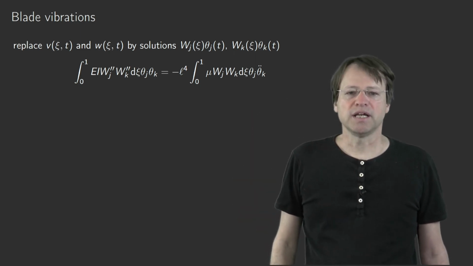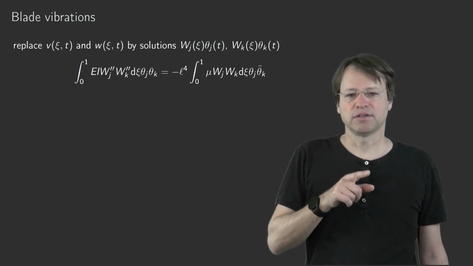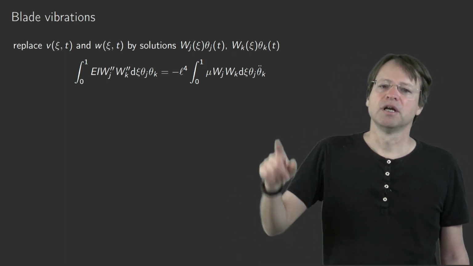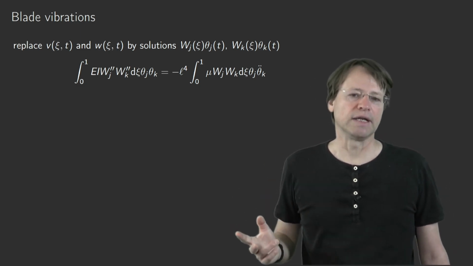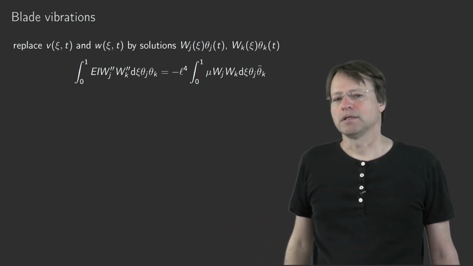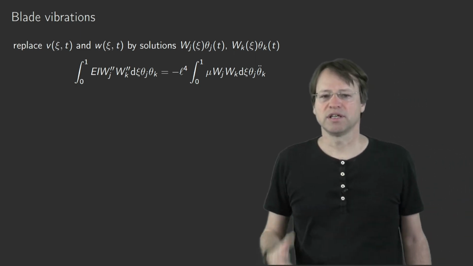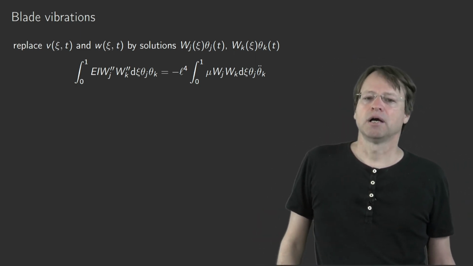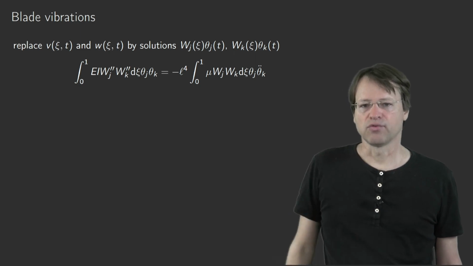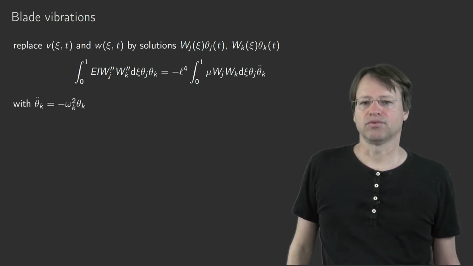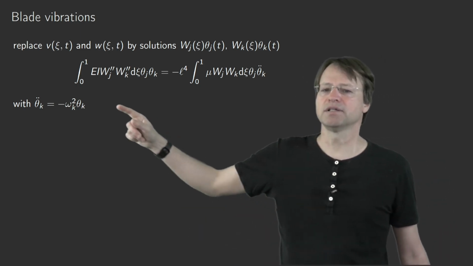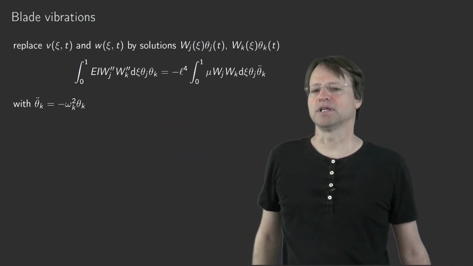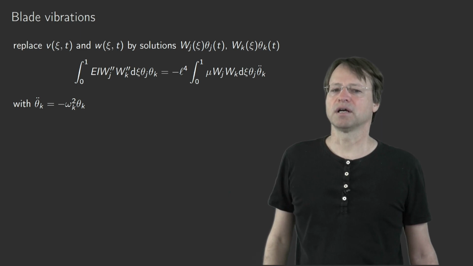Now, therefore, we look at the time dependence here. We know that the time dependence is satisfied if we apply Bernoulli separation by a classical relationship between the second derivative, the acceleration, and the stiffness term, I could say, the restoring force term, for the single degree of freedom oscillator, or for free vibrations. Namely, the acceleration term is equal to minus the natural frequency omega_k squared times theta_k.